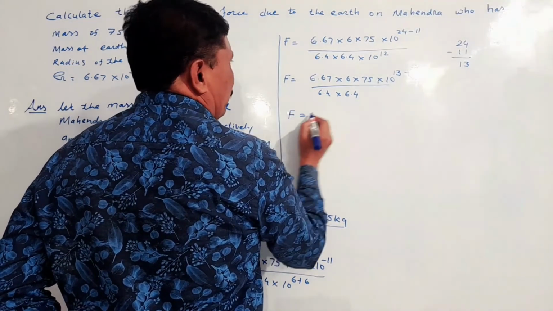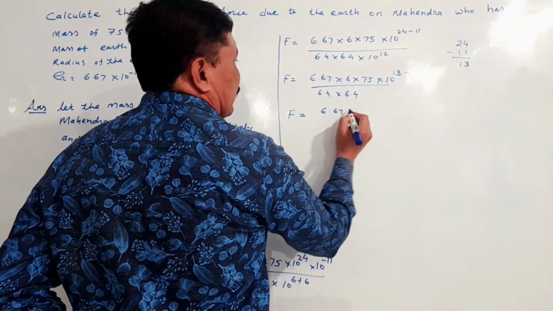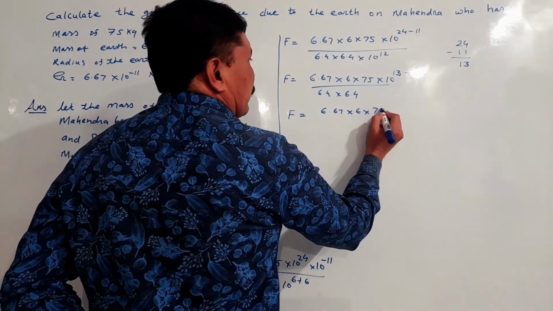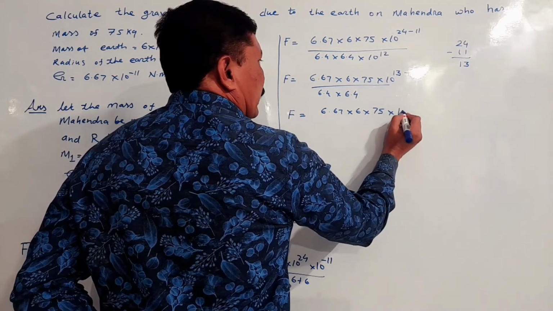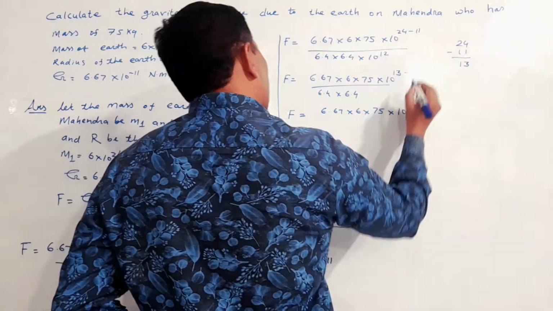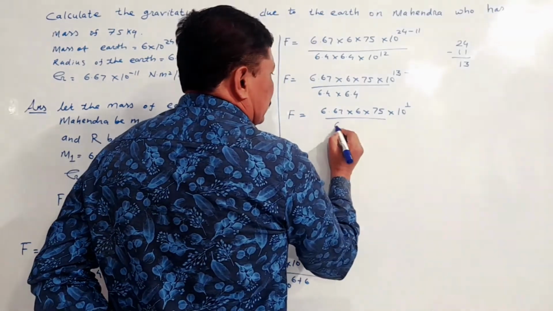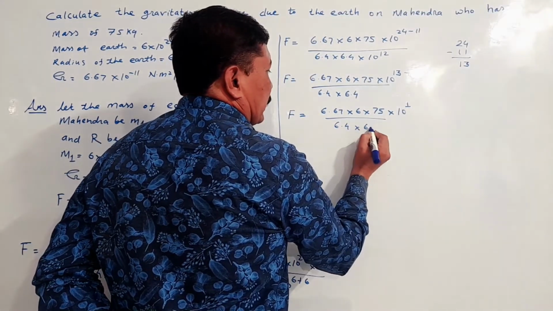So we can write F is equal to 6.67 into 6 into 75 into 10 to the power 13 minus 12 is 1 upon 6.4 into 6.4.